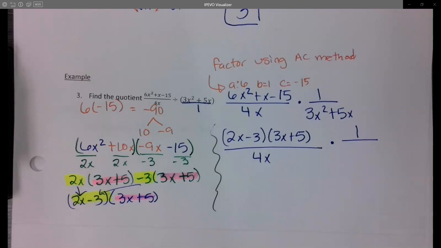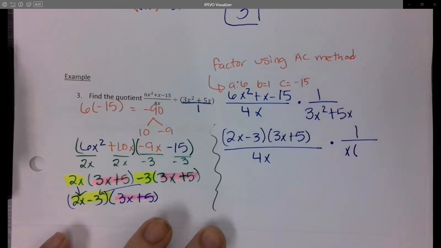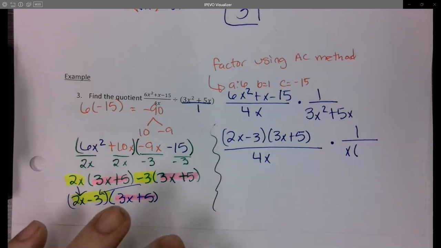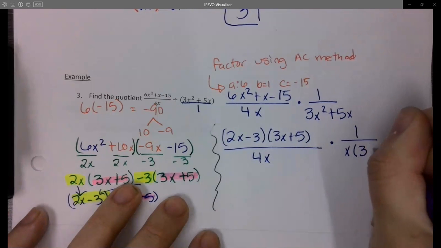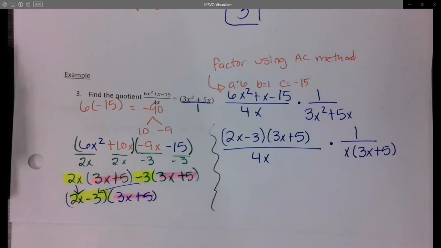And then can I factor that? The 3x squared plus 5x? Divide both of them by x, so then I write an x out front. 3x squared divided by x is 3x. And 5x divided by x is 5.